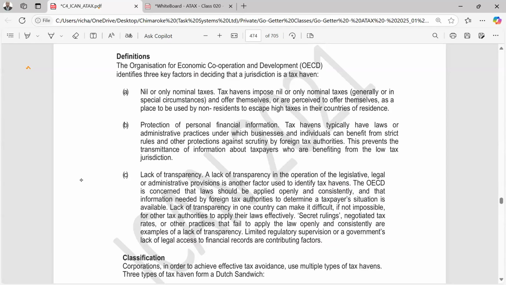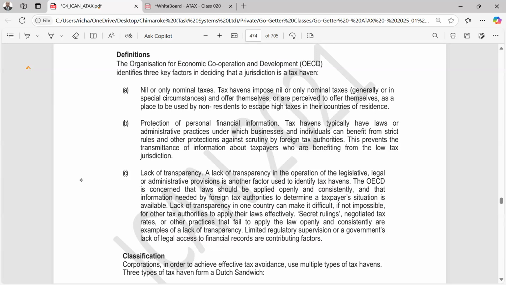They have nil or only nominal taxes. Also, they don't provide information about their citizens. Thirdly, lack of transparency. So these are the characteristics of a tax haven.